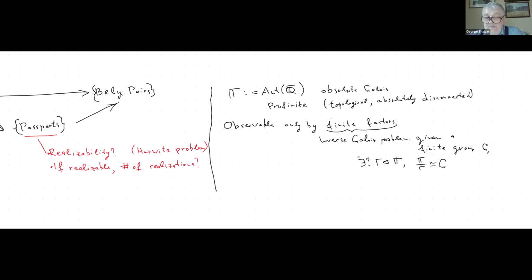The positive answer exists for lots of classes of finite groups, but the problem itself is highly open.